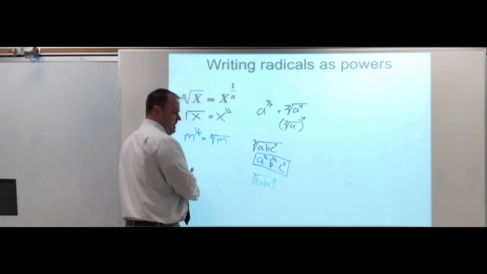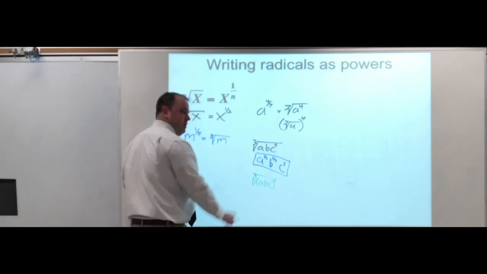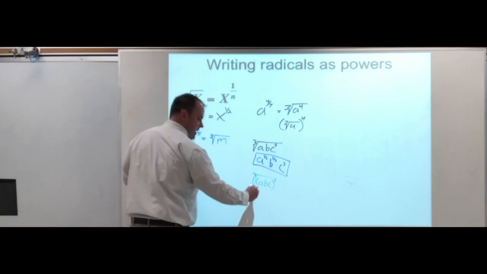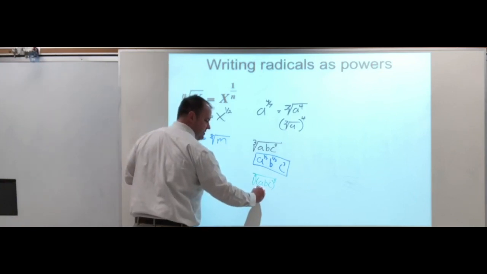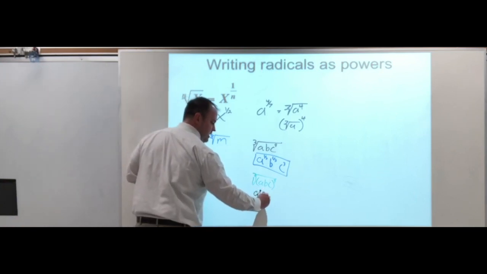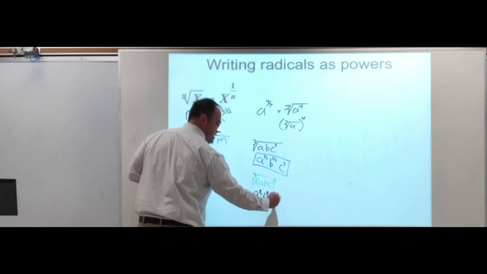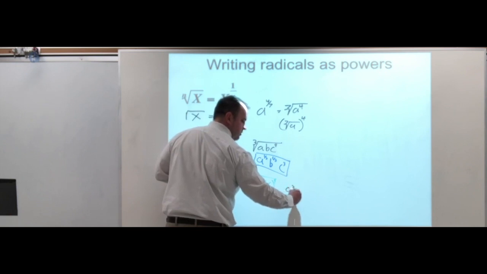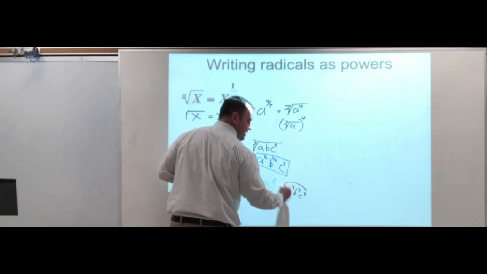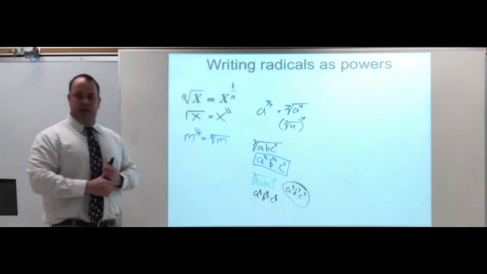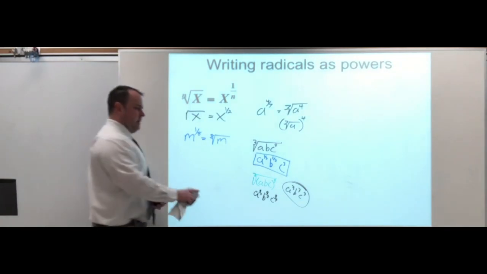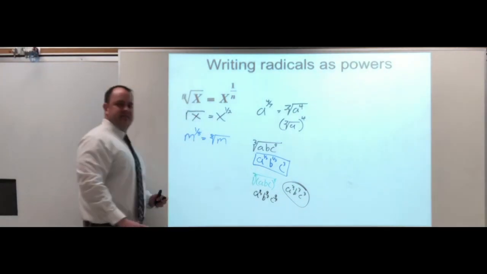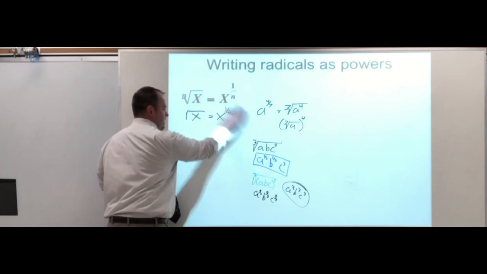Remember that 9, everything is going to be brought to the 9th power, so everything is going to simplify to 9/3, 9/3, 9/3 power. A cubed, b cubed, c cubed would be writing it as a power then. That's how I'd like you to write it right now. Write it so each piece gets its own exponent.